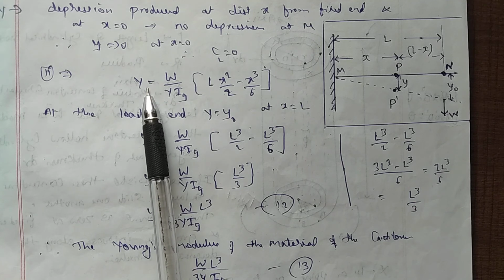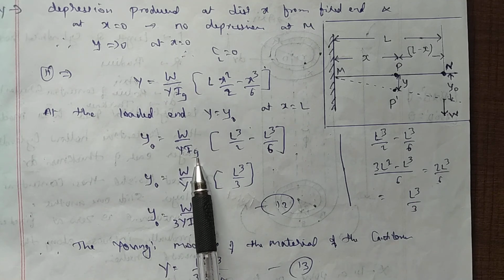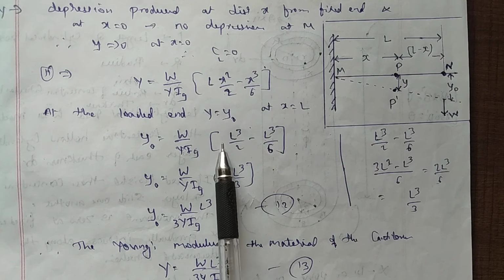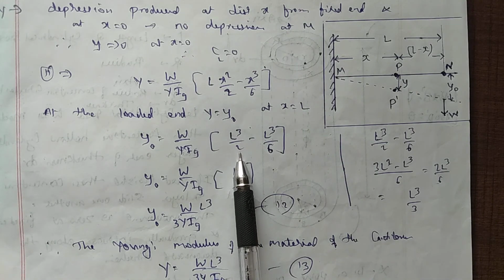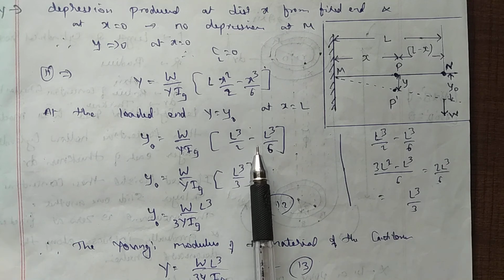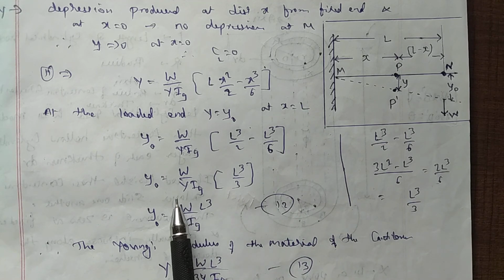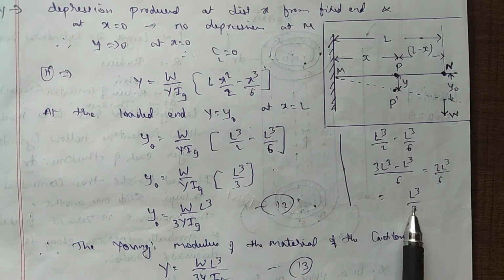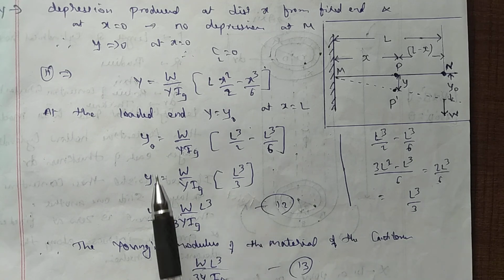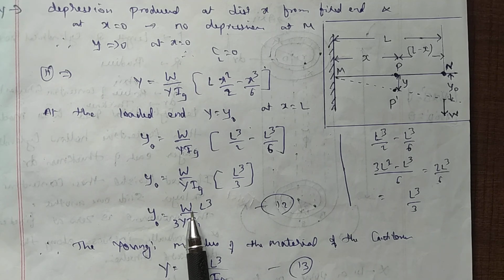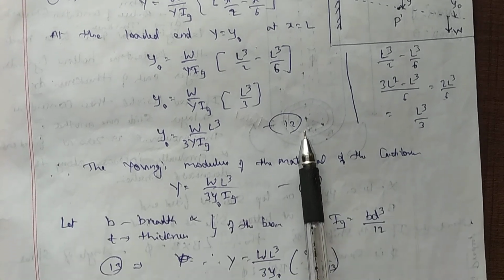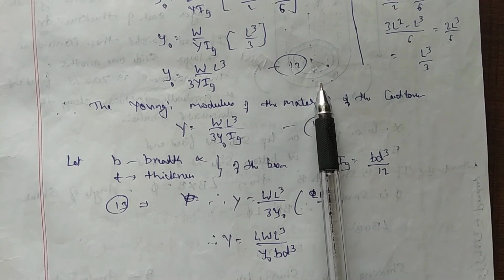Therefore y naught is W by Y into Ig into L cube by 2 minus L cube by 6. If we simplify this, it becomes L cube by 3. Therefore y naught is equal to W divided by 3 Y Ig into L cube. Call this equation number 12.